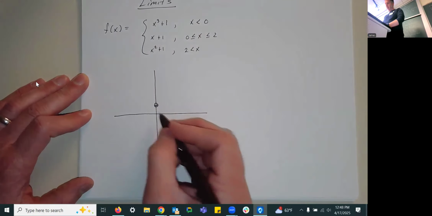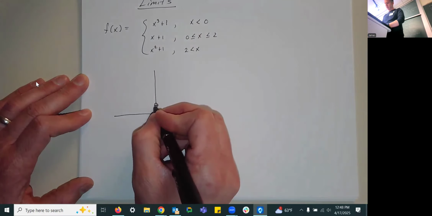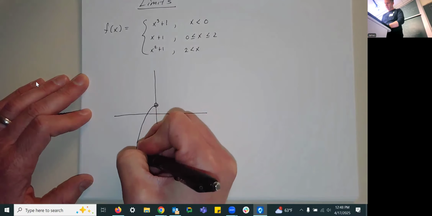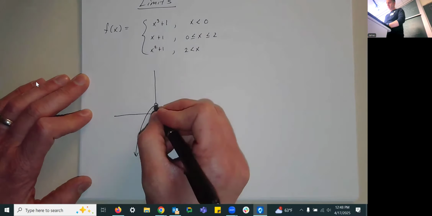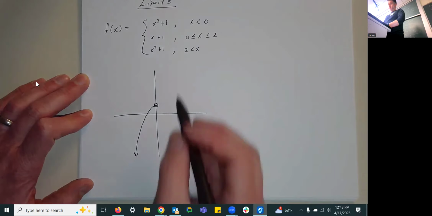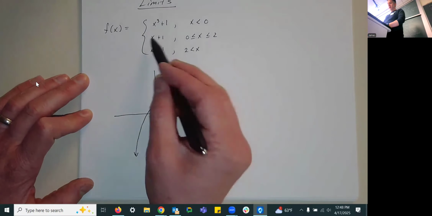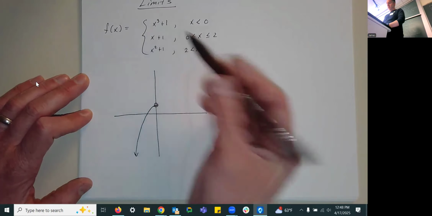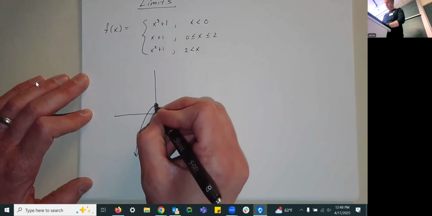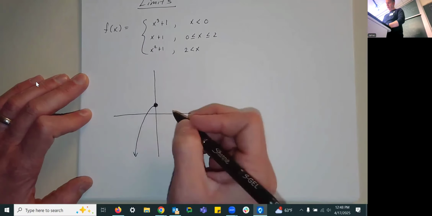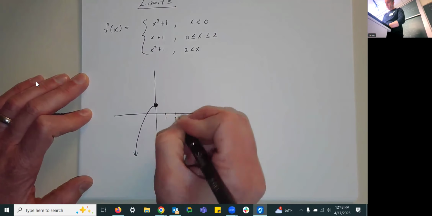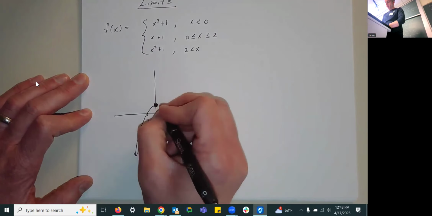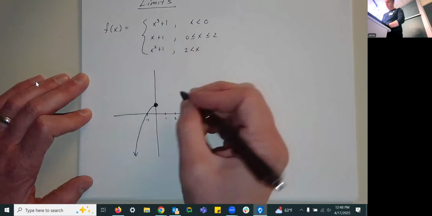But everywhere left of 0, it's going to look like your usual cubic function. Then between 0 and 2, it's going to look like the line y equals x plus 1. If I plug in 0, 0 plus 1 is 1, so that open point becomes a closed point. And if I plug in 2, 2 plus 1 is 3.